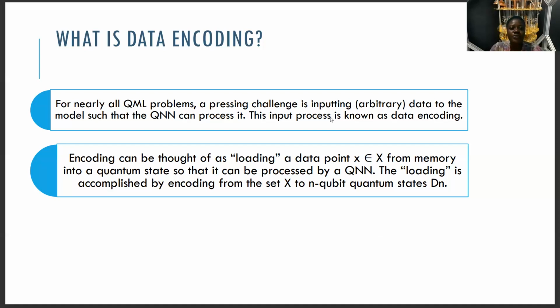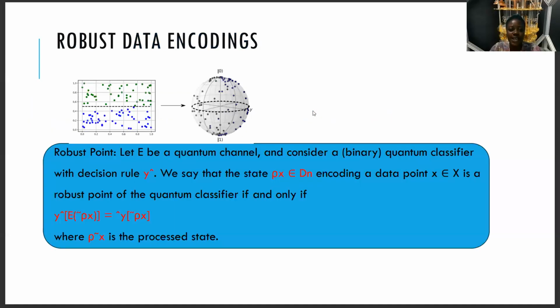Okay, so now we mentioned robust data encodings. In the picture up here, you see something like a globe, and then over here you see something like a plotted graph. So this is a simple depiction of how this whole transformation happens.